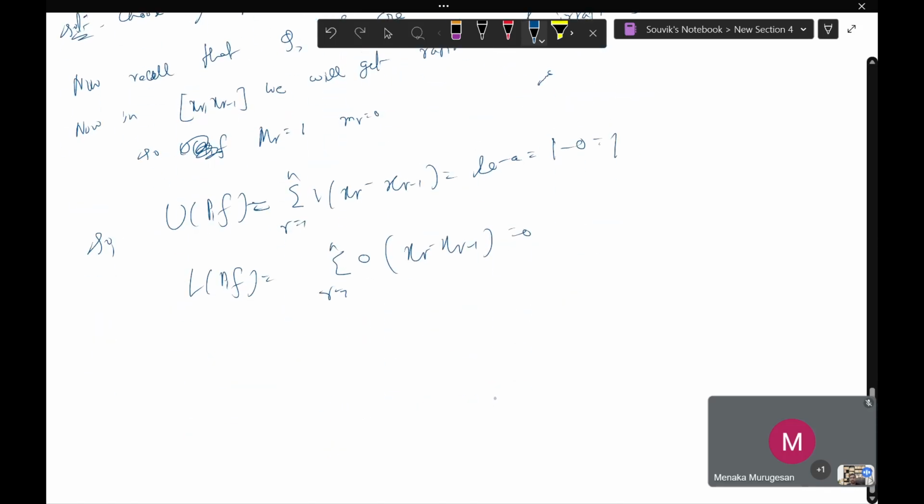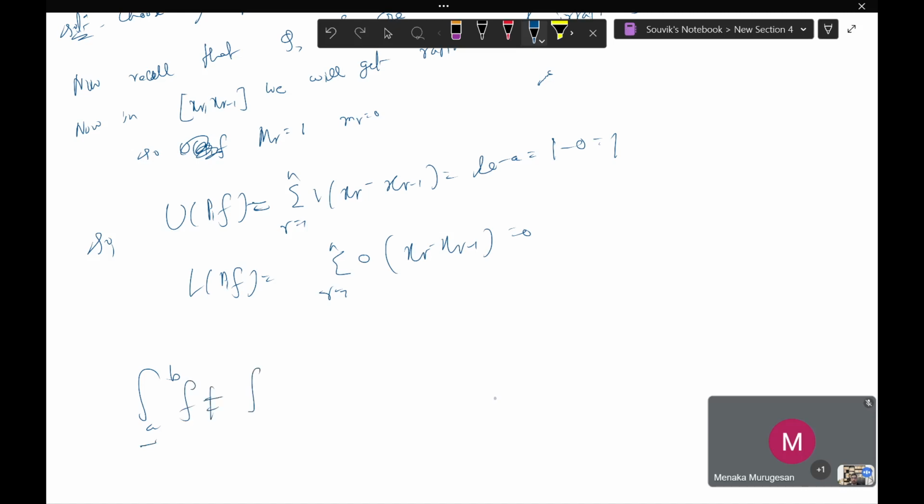So the upper integral is not equal to the lower integral, hence not integrable.